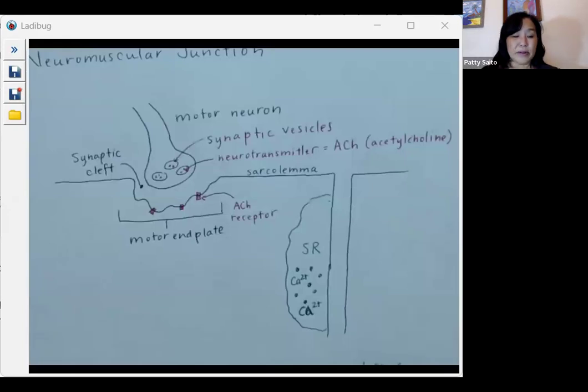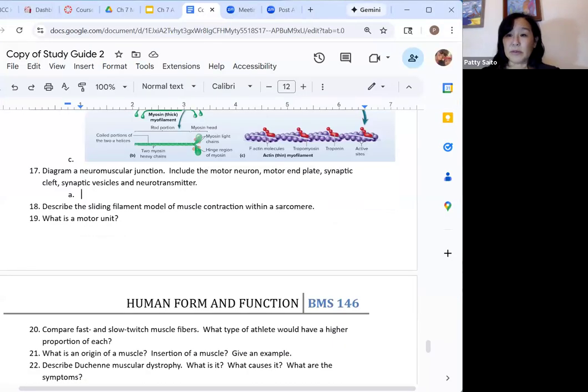Maybe let's go back and I'm going to put a nice picture here. Let's see, did we list everything? Motor neuron, motor end plate, synaptic cleft, synaptic vesicles, neurotransmitter, right?